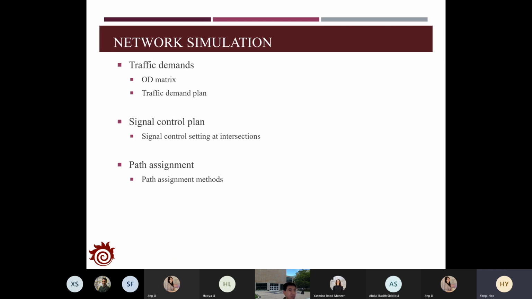And also, if you want to model a large network with different path assignment, it will give you a method to find out the path assignment efficiently. So this would be the contents I'm going to cover today.